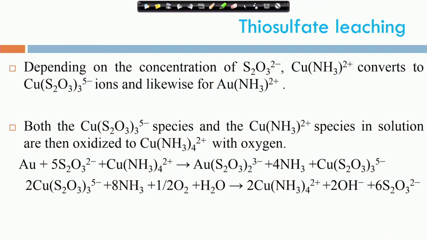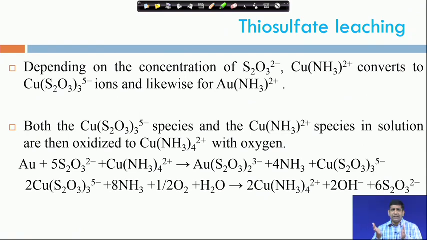Thiosulfate will react with copper and make a copper thiosulfate complex, and so ammonia will be free, and then ammonia will make a complex with gold and bring it to solution. At the end, both the copper thiosulfate and the copper ammonia species oxidize to the copper ammonia complex again. So that's how the process works.